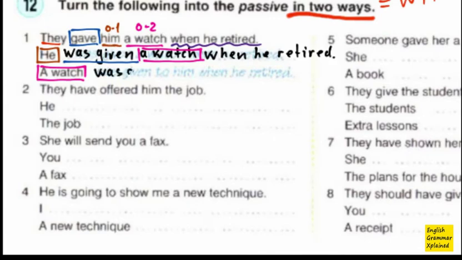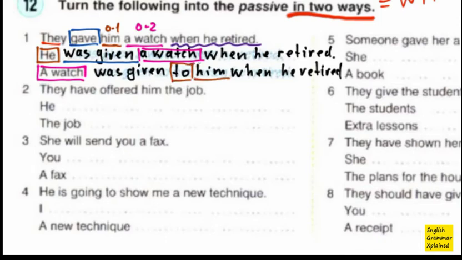Was given to him when he retired. Here we have some trick. As you see, this "to" appeared before him. Why? Because this is a so-called indirect object. That's a very interesting topic.